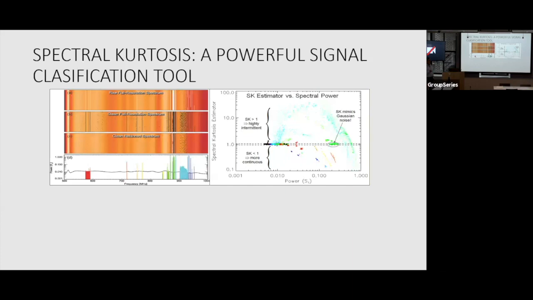Color-coded, you can find this signal here, and that signal there. You see the time evolution, because these are all the spectral kurtosis values in time, not one integration. Some of them go above unity, some go below unity. Most of the data stay within limits. Each of these is a different type of signal.